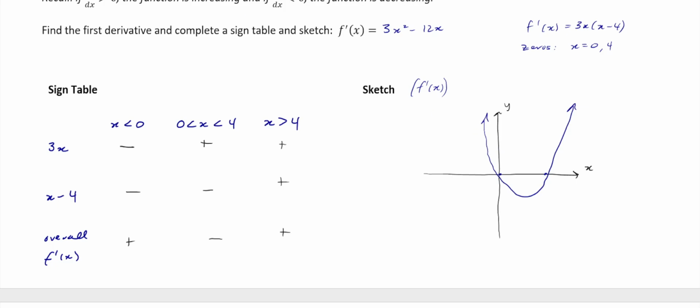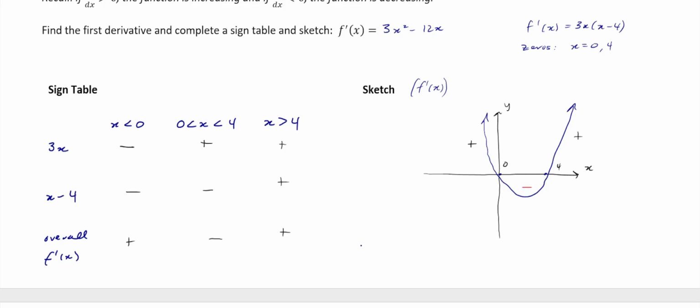Okay, so that tells me that for x values, that's 0, that's 4. Okay, so I see that my first derivative is positive from negative infinity to 0, and my first derivative is positive from 4 to infinity. My first derivative is negative between 0 and 4.